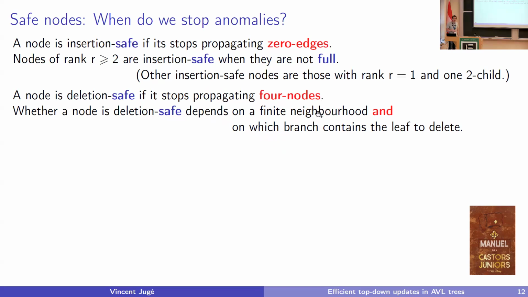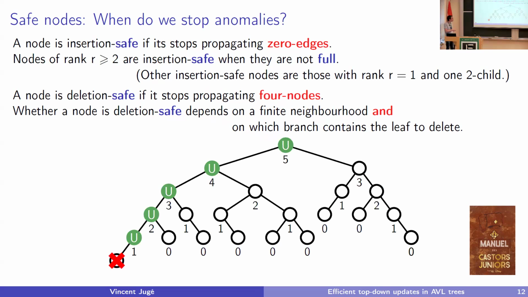It just depends on a finite neighborhood, which is maybe nasty. But it depends on which branch contains the leaves that you want to delete. So for instance, on the same tree I presented to you, if I want to delete this leaf, all my nodes here will be unsafe. Well, I ran my computer just to make sure I was not saying something wrong. But if I want to delete this leaf, then this node magically becomes safe.